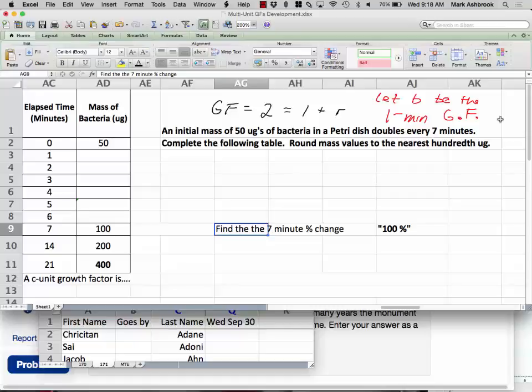Okay, so let's see if we know what's going on here. If B is the 1 minute growth factor and we start with 50 micrograms, how many micrograms do we have after 1 minute?